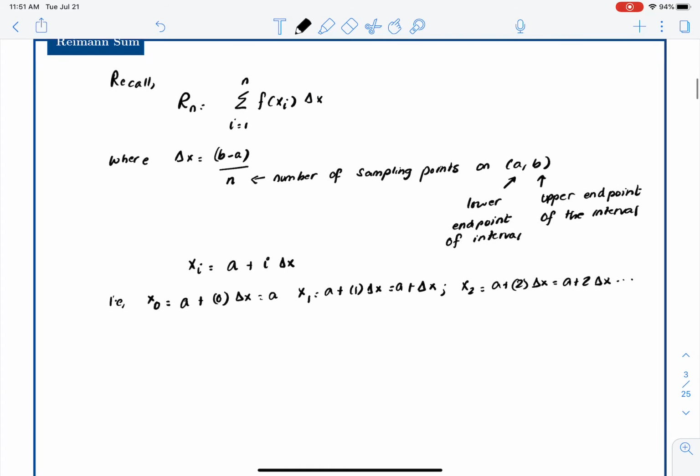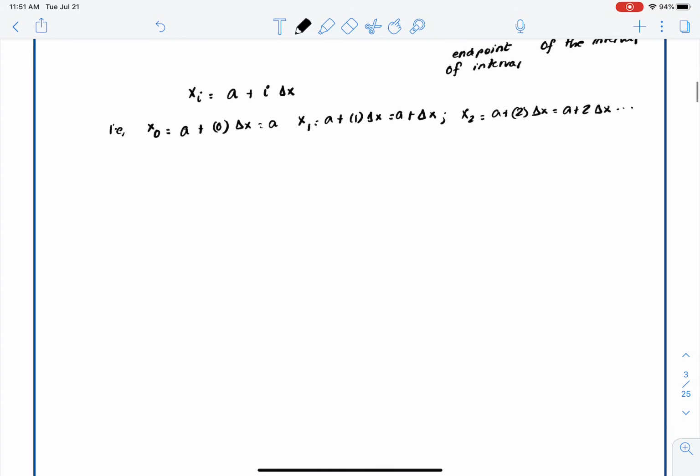Now, if we take the limit as n approaches infinity, we increase the number of sampling points from a fixed number to infinitely many endpoints, Rn. Then we would simply have the limit as n approaches infinity, sum i equals 1 to n, f of xi times delta x.